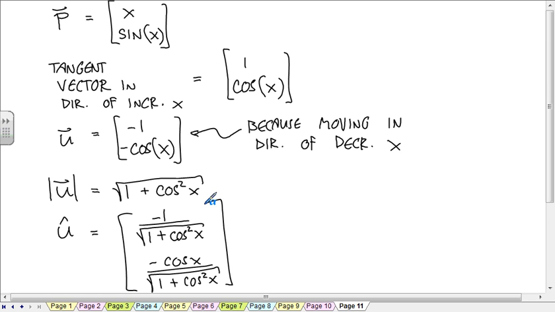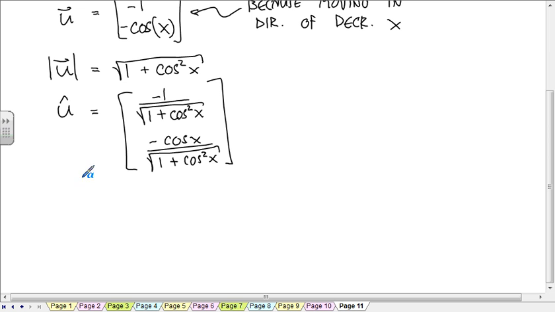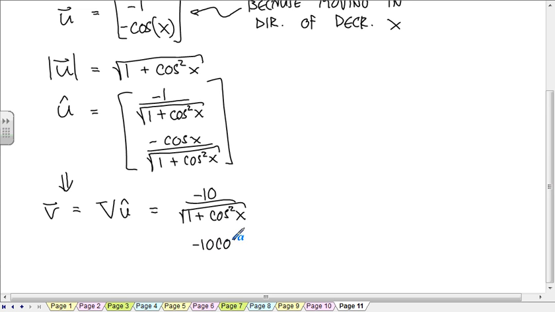Okay? So that's a unit vector in the direction we want, and therefore the velocity vector is equal to v times u, which is negative 10 over the square root of 1 plus cosine squared x, negative 10 cosine x over the square root of 1 plus cosine squared x.